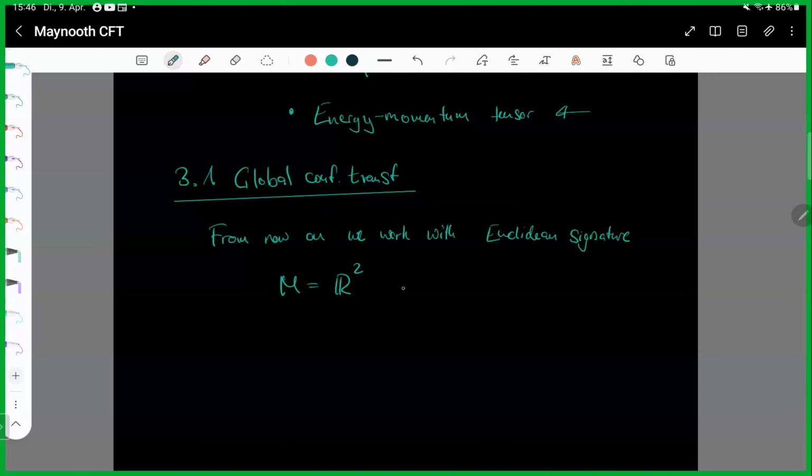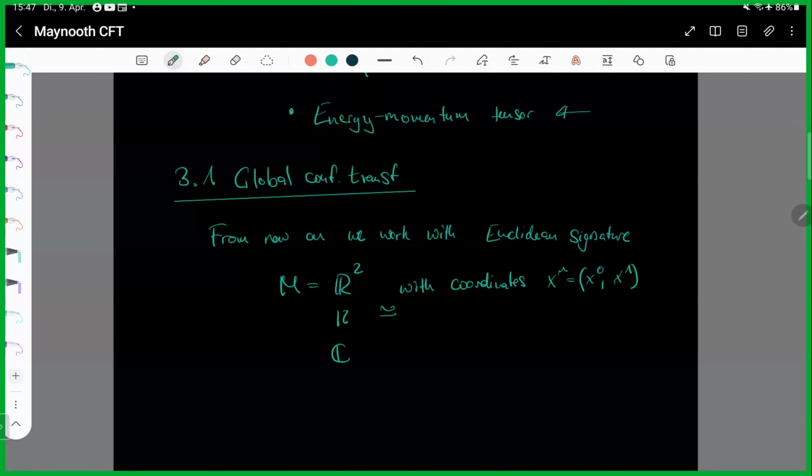We're going to equip R2 with coordinates x mu, called x0 and x1.